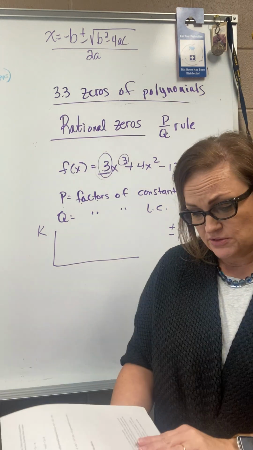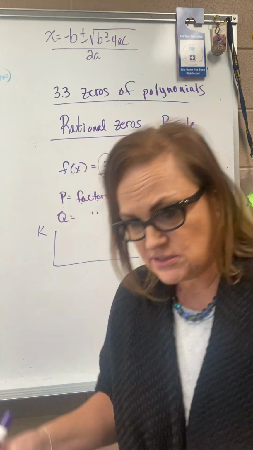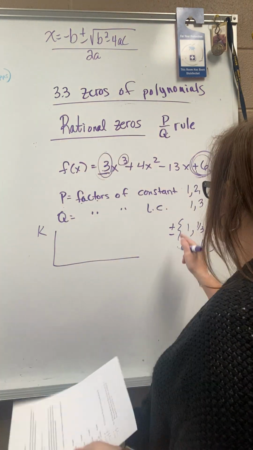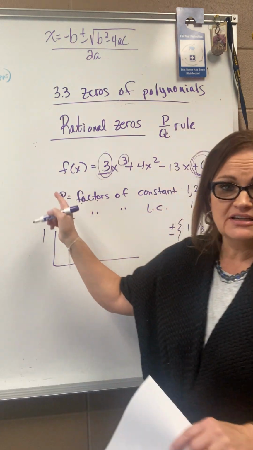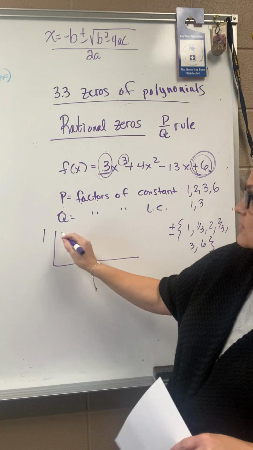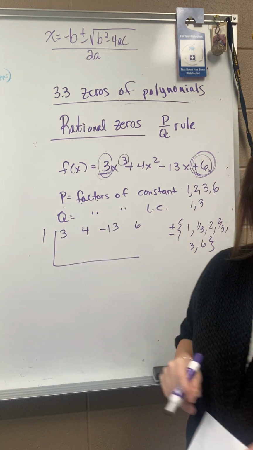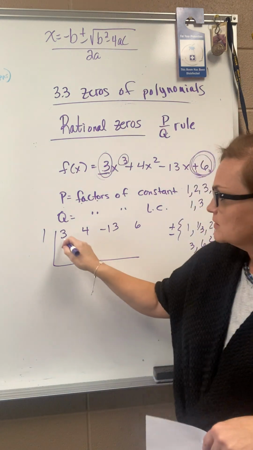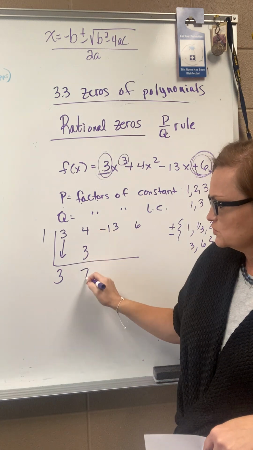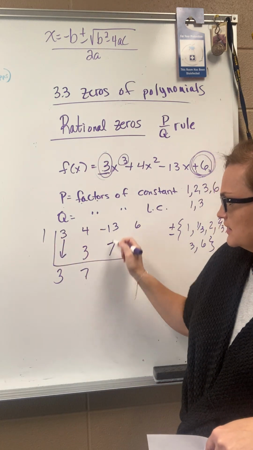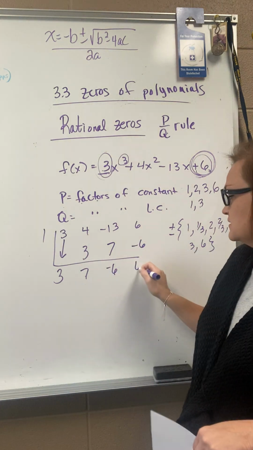But on your note packet, you can see where I've tried some of those along the way. First up, I started with 1. I said, well, does 1 go into it evenly? And you remember synthetic division: we take the coefficients of this polynomial, make sure they don't skip any places, line those up, bring down the first number, 3, multiply, add your way across, multiply 7, adding's negative 6, multiplies negative 6, and voila, 0.